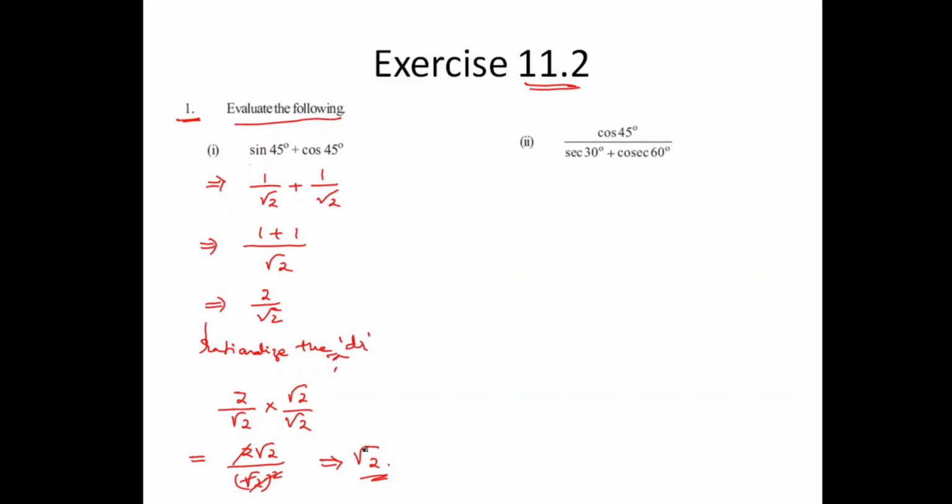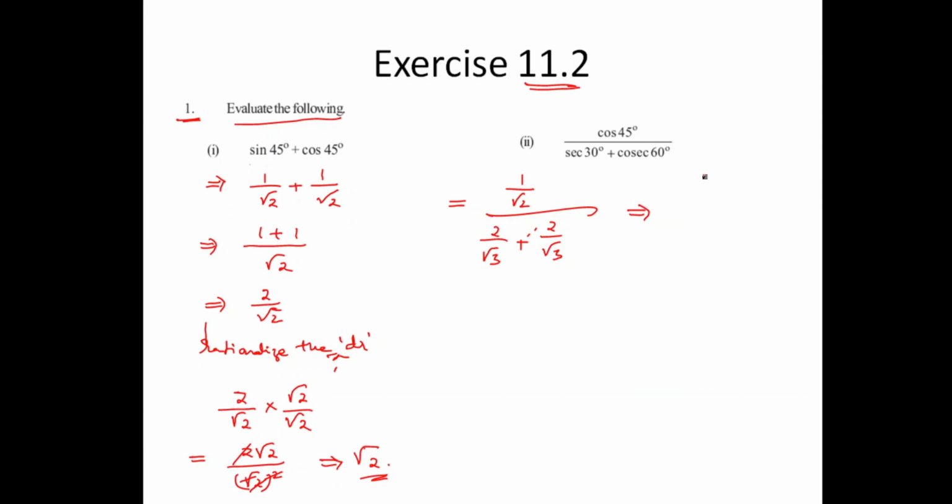Let's look at the second bit here. In the numerator, the value of cos 45 is written as 1 by root 2, divided by secant 30, which is 2 by root 3, plus cosecant 60, which is 2 by root 3. So how do I solve this sum here? We need to solve this equation.